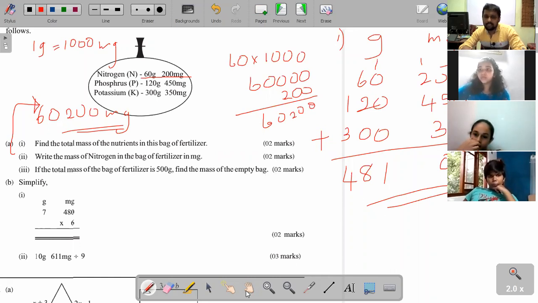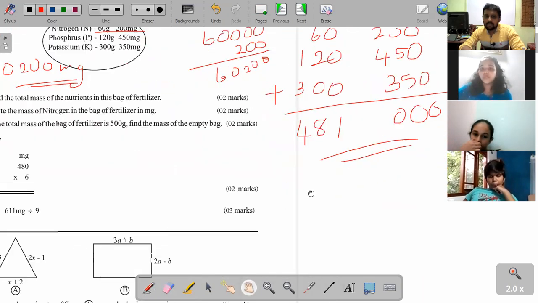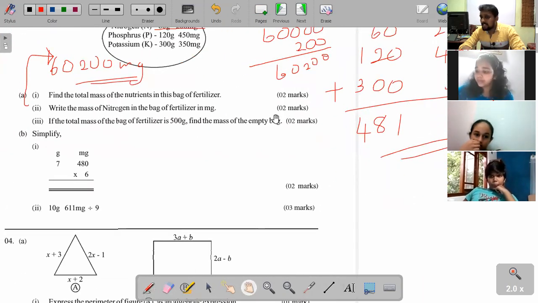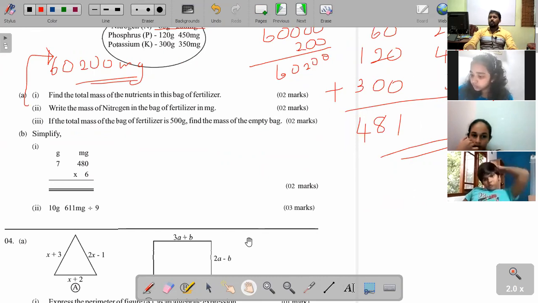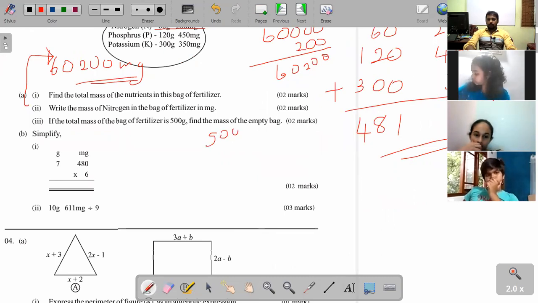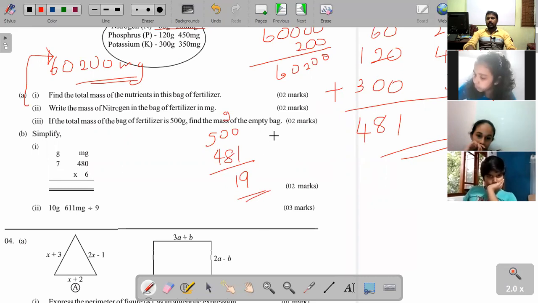How do we find it? Total mass is 500, no? Nitrogen, phosphorus, potassium given is 481. So you have to subtract. 500 grams subtract 481. So what is the mass? 19 grams. Empty bag mass is 19 grams.